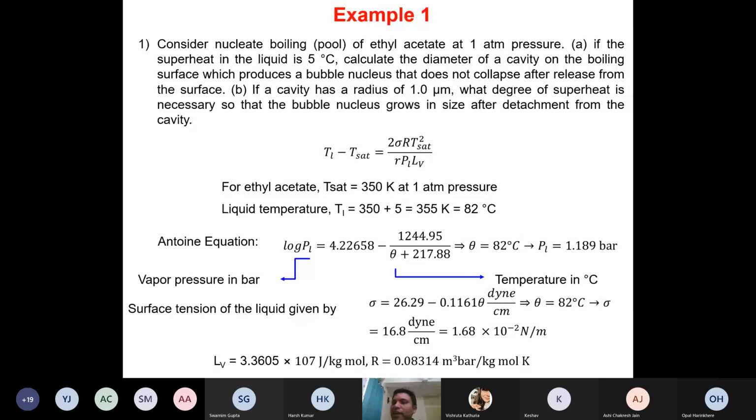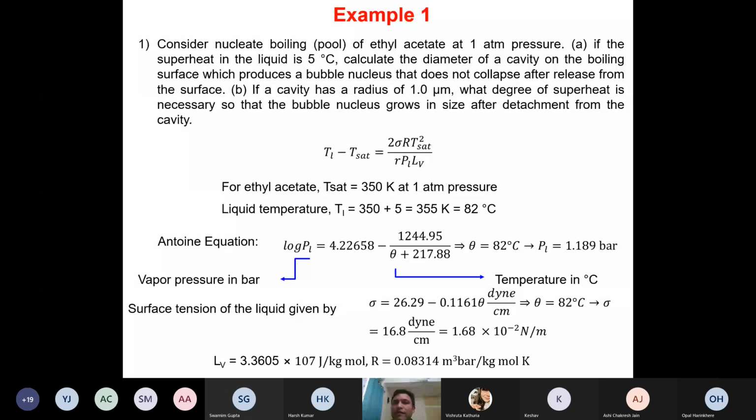So Antoine equation is generally given as A minus B divided by theta plus C. A, B, C are the constants which are different for each liquid. And these constants you can get from standard handbooks like Perry's handbook or Properties of Gases by Reid and Prausnitz.